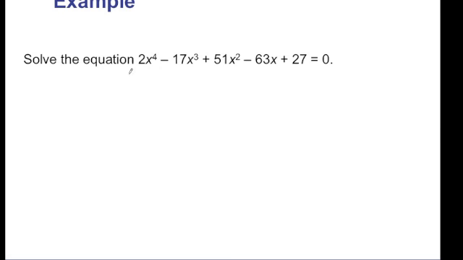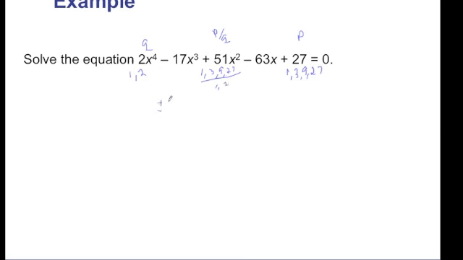We're going to solve this equation. First thing I'm going to want to do, well, let's find the possibles. 1 and 2 are my Q's. 1, 3, 9, and 27 are the P's. And we'll again want P over Q. So 1, 3, 9, or 27 over 1 or 2.